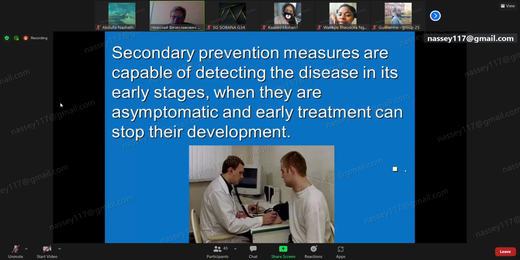After detection of this disease at an early stage, functional disorders are not so expressed, and if we prescribe early treatment, we can delay the disease progression.